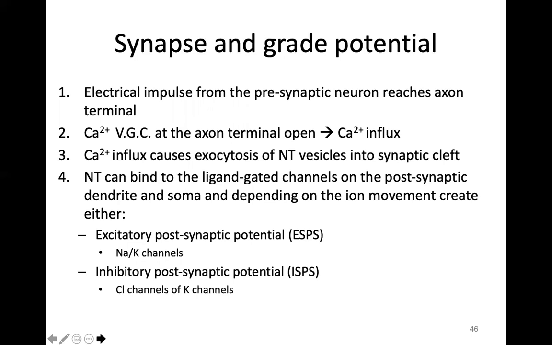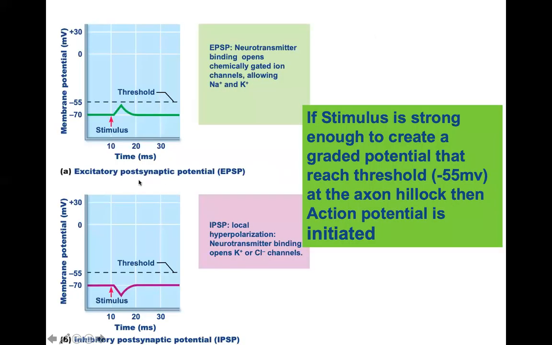Now, the proper terminology for that, based on the synaptic region, is if you have a depolarization effect, it's called excitatory postsynaptic potential, or EPSP. Sorry, I wrote that as ESPS. EPSP. And that depolarization is a result of sodium-potassium channels. Or you can have inhibitory postsynaptic potential, which is IPSP, created by either chloride channels moving chloride in or potassium channels moving potassium out.